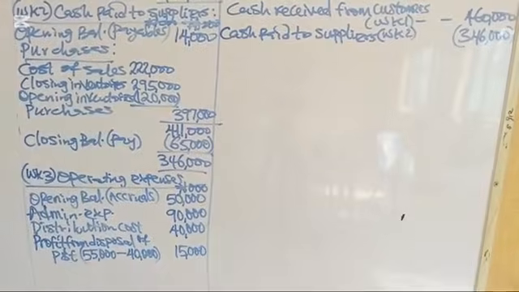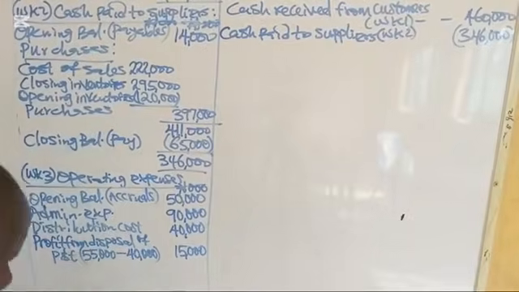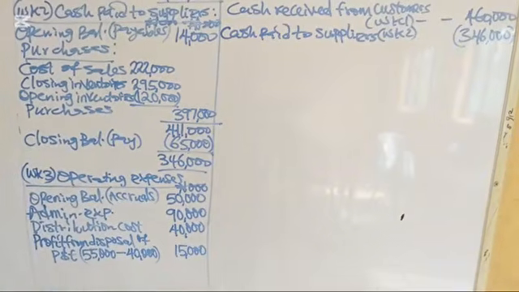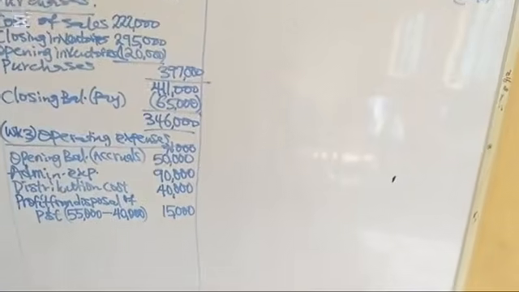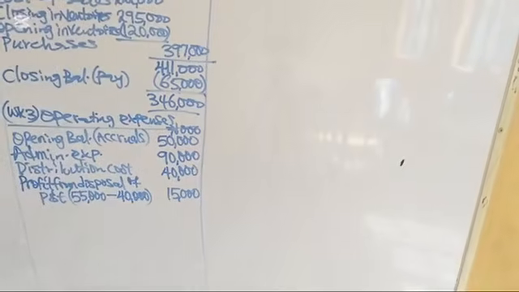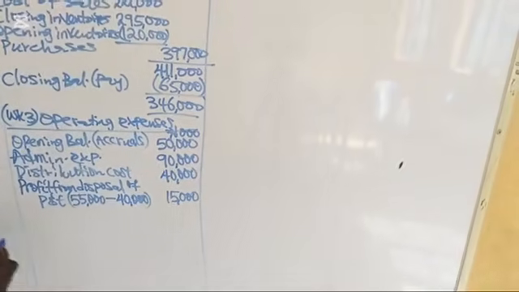Note 2, dividend per share. Okay, note 3. Depreciation charge for the year was 10 million on furniture and 30 million on plant and equipment. Where would this depreciation have been recorded? Depreciation would have been part of the expenses.